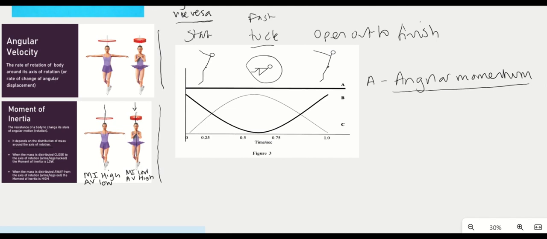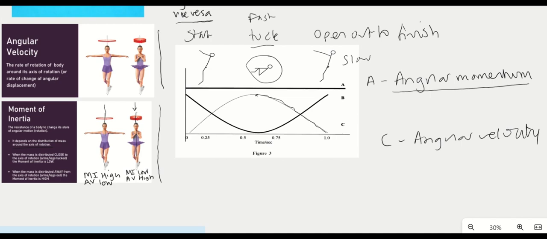So really this line here that's high indicates that C is more than likely going to be angular velocity because it's high in the middle when they're tucked up. If we trace that line down, the wobbly line, it then lowers as the body opens up, and they're now starting to spin slowly. So we can confirm that line C is angular velocity.